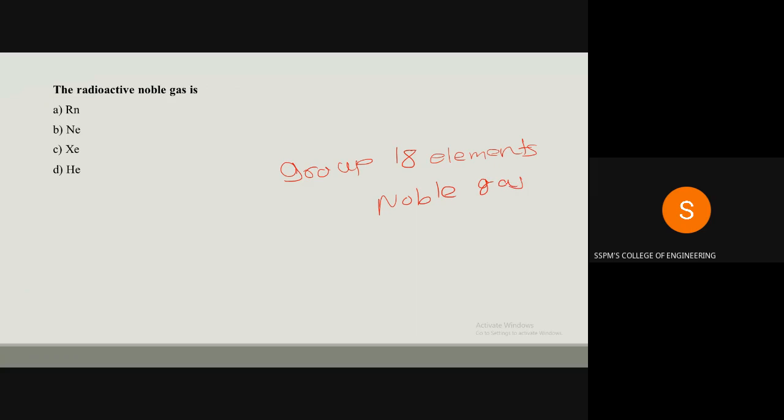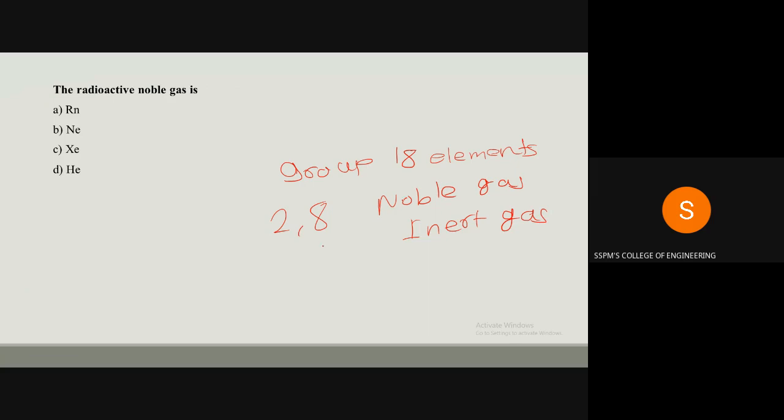These gases do not react with any other element. Their octet is complete. Octet means 2, 8. These are the valence shell electrons. Hence, they do not react with any other elements, and they are called noble gases.